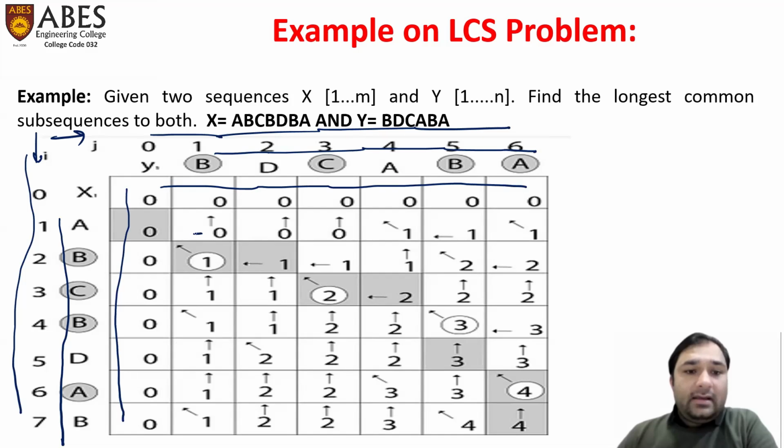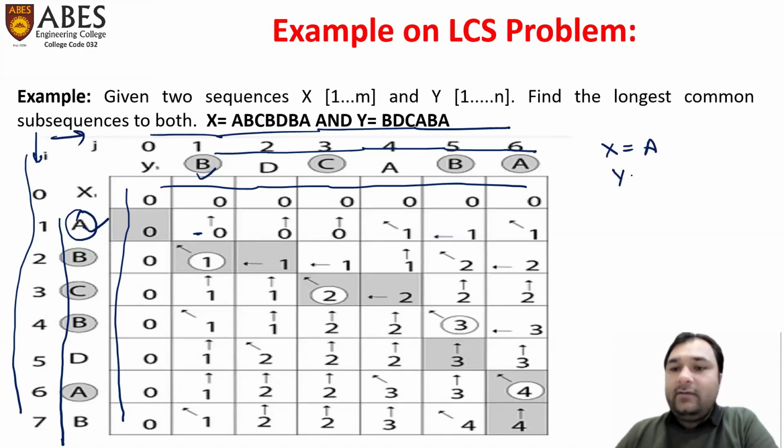Now, when I come to this situation, where the characters are A and B, these two characters are not the same. Let's take an example of how we are proceeding. X is A and Y is B. So how do we solve this problem? This will be getting data from X equal to A and Y equal to nil, and X equal to nil and Y equal to B.